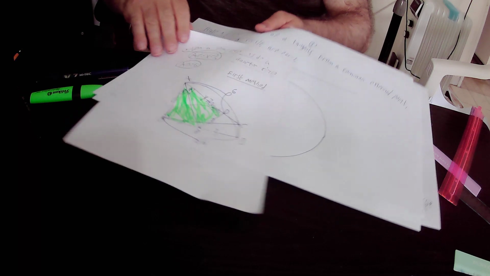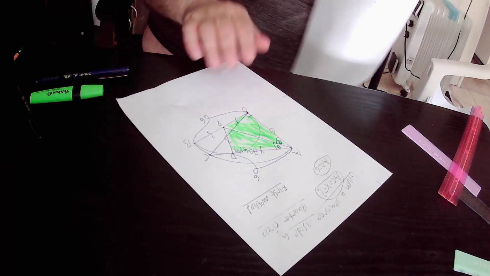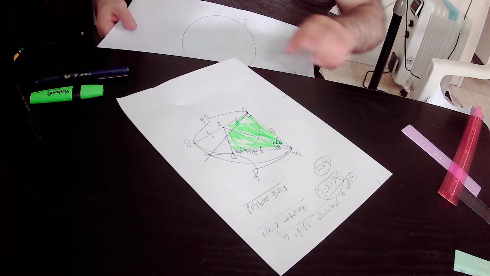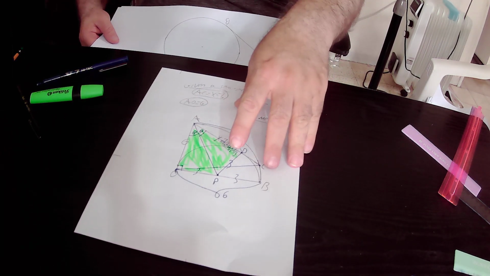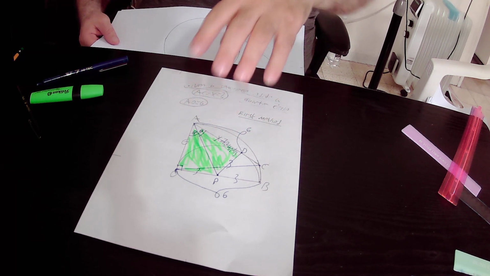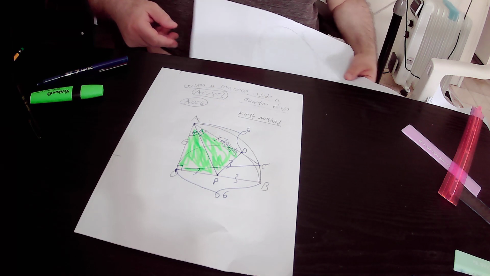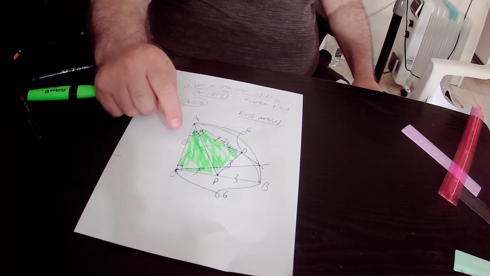So I repeat the question of this lecture. We have here a semicircle inside a quarter circle. We know that side AO equals 6 units.